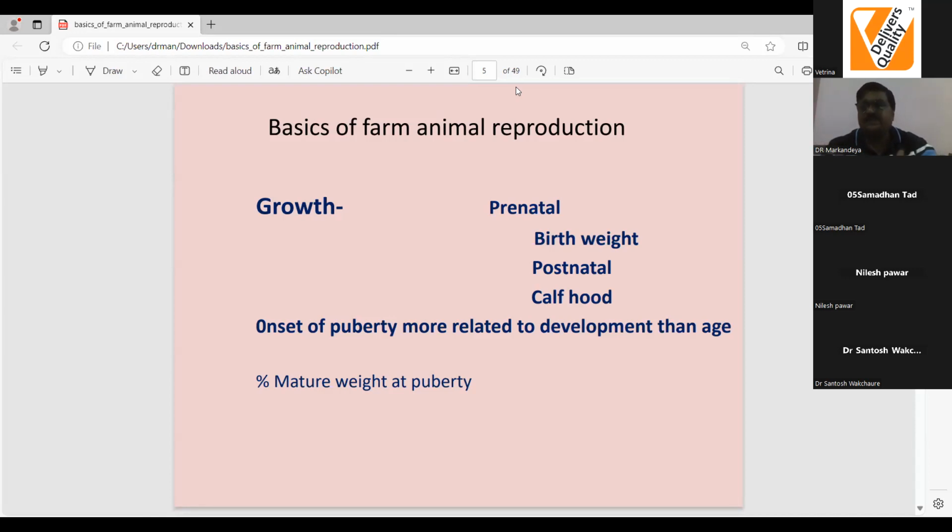The heifer should become mature early. She should express the first estrus early, and for that purpose the growth rate must be constant. It must be higher, it must be increasing, and it should not be interrupted by any factors. So in smooth reproduction, this is possible. This growth rate needs to be controlled, and it needs to be controlled by weight only.